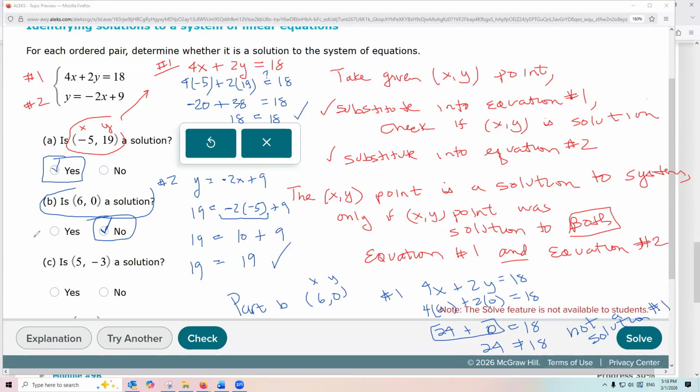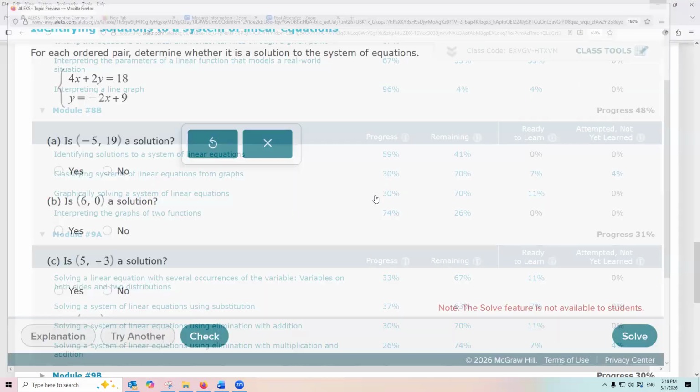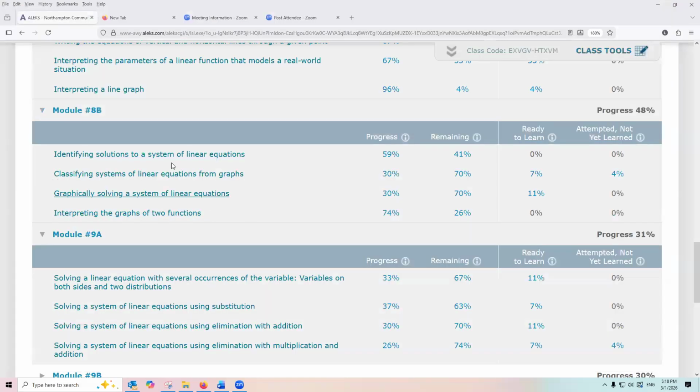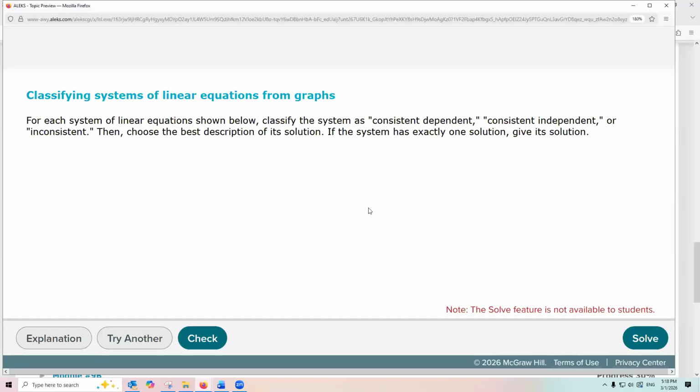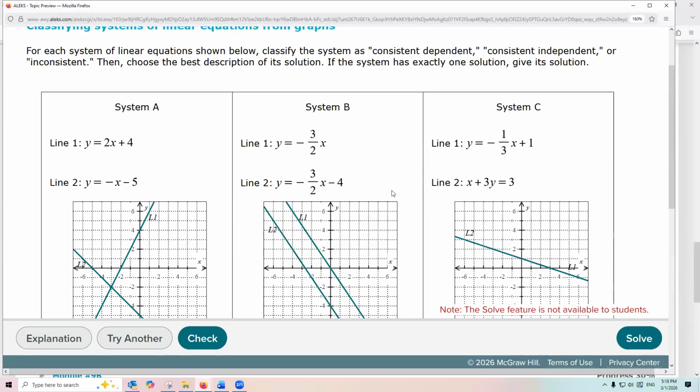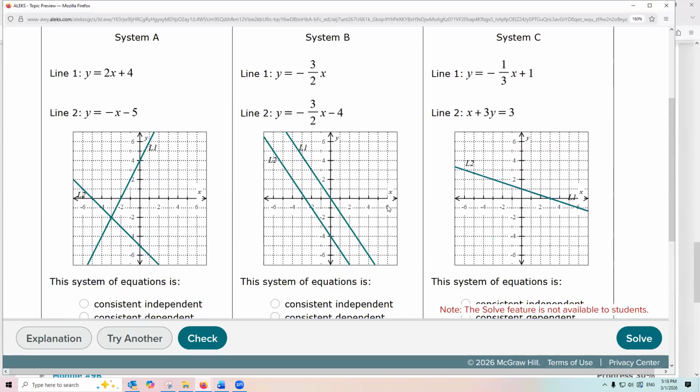All right, let's see. I think there was one more topic here. Here's one. It says, for each system, classify it as consistent dependent, consistent independent, or inconsistent. All right, well, here's what we've got to recognize on this one.